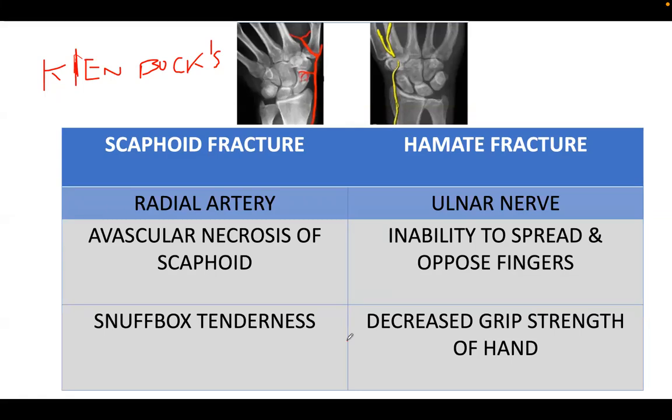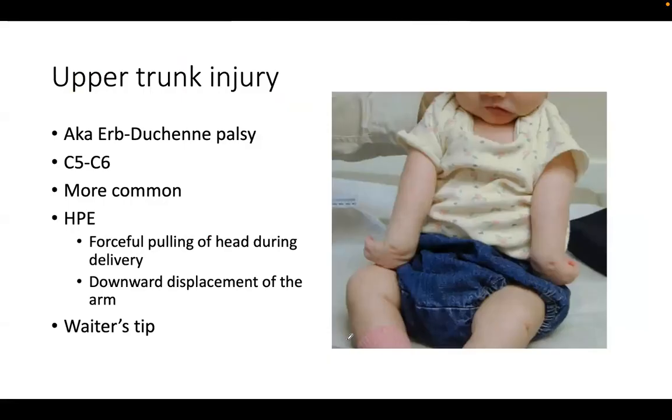So I want to end with this. The brachial plexus. Now, children, the brachial plexus starts from C5 and ends where? It's C5 up to T1. Now, tip.